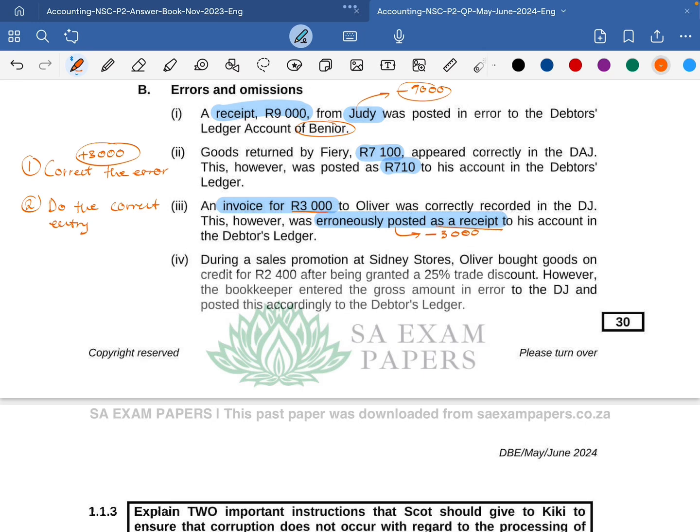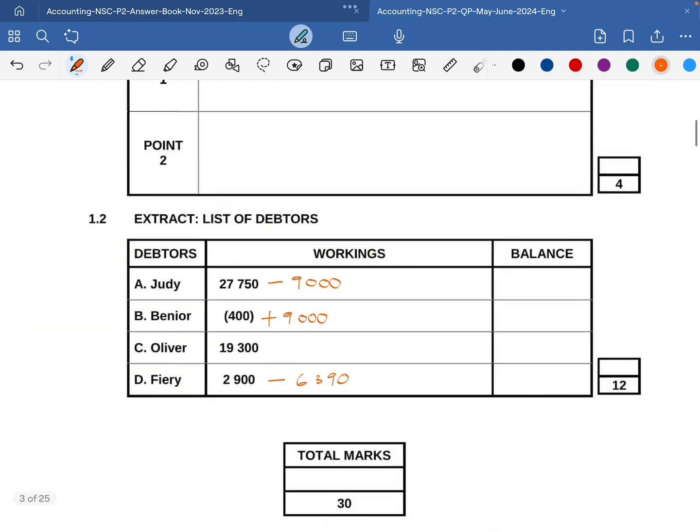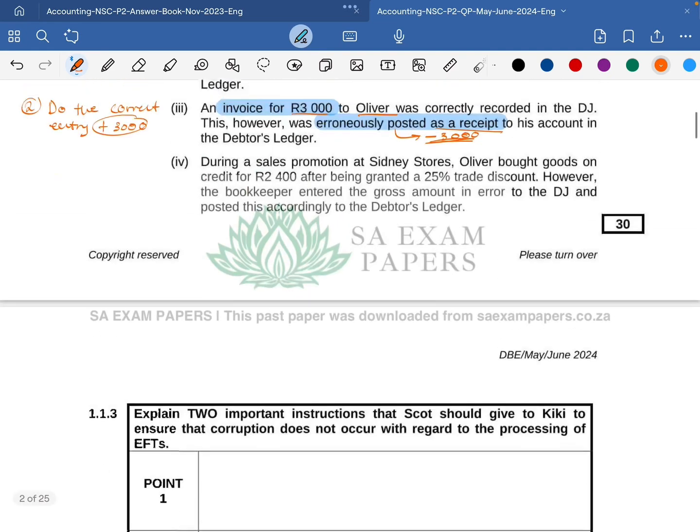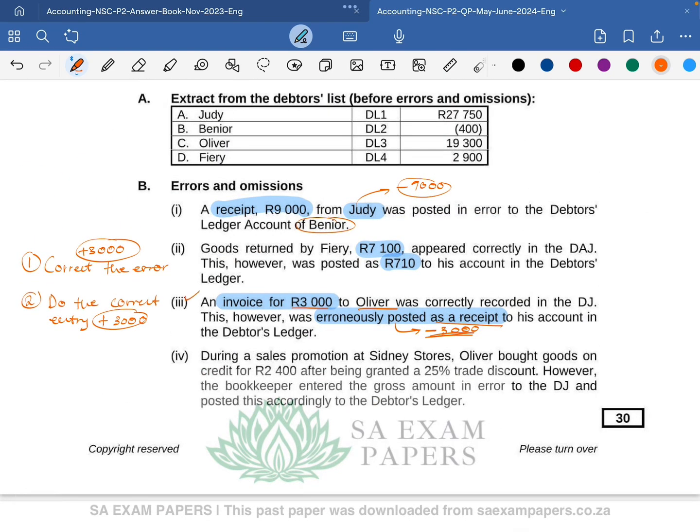Okay, we are adding it back because initially we would have subtracted the 3,000. Then when we do the correct entry, we are then going to increase what this person owes us by 3,000. So these two combined will then give us the 6,000, and this relates to Oliver. So we're going to add 6,000 to Oliver.